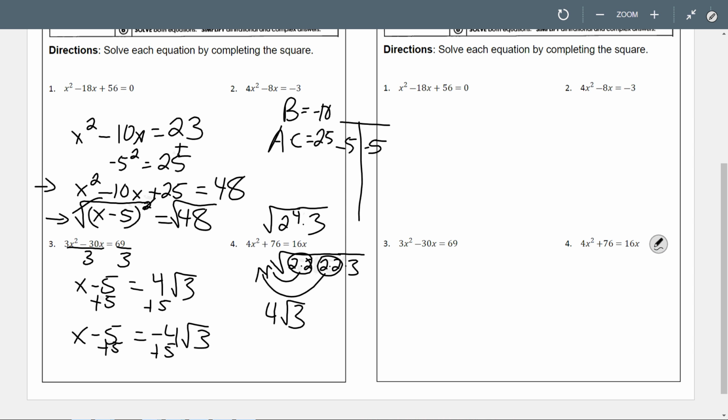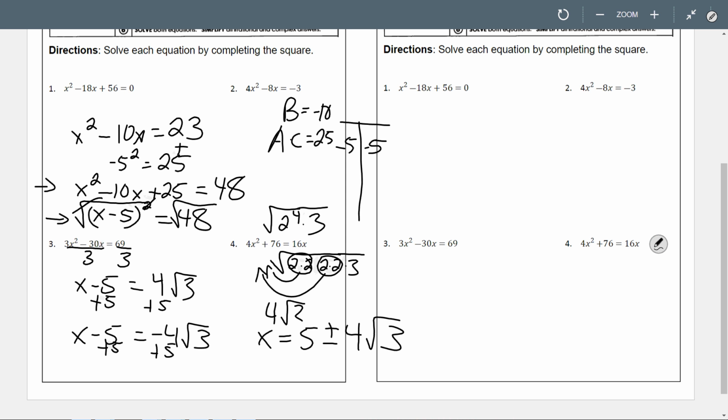Now some of you might think to add 5 plus 4 and 5 plus negative 4, but all we're really going to do for our final answer is write x equals 5 plus or minus 4 square root 3.